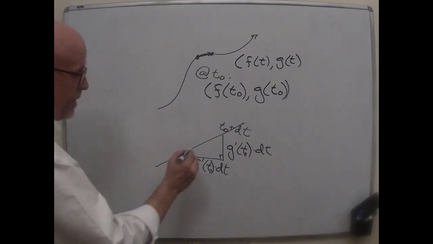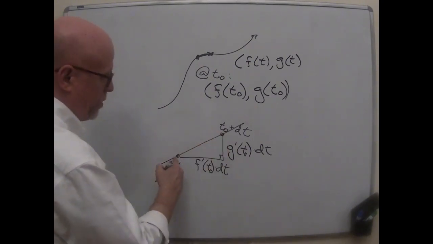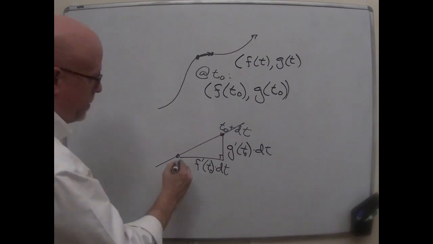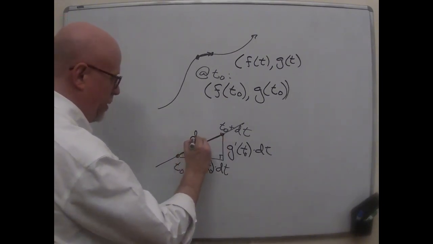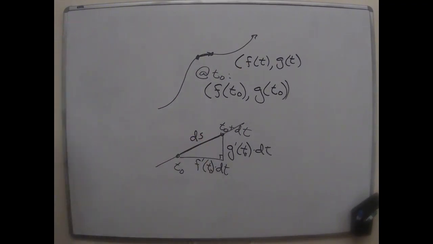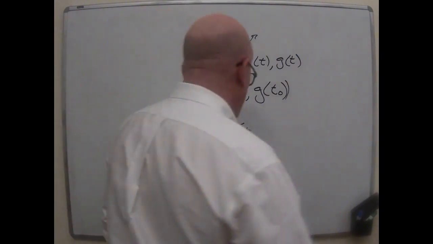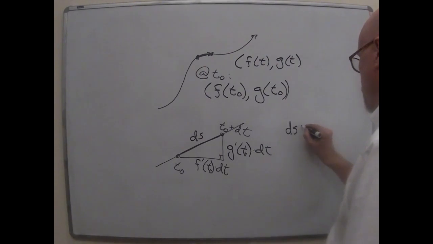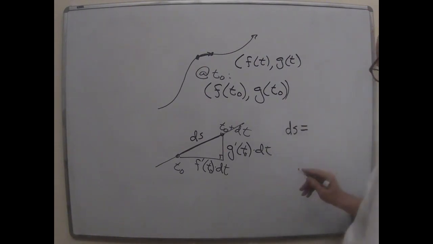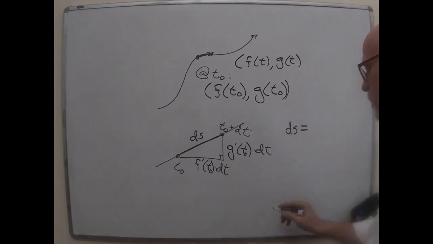So the time changes from t naught to t naught plus dt, but we want to know how much length is in here. How much is that arc length, or what we call ds? And it's the square root of the sum of the squares, right? Because it's the hypotenuse of a right triangle, a minuscule right triangle, but still a right triangle. So ds is equal to, well, let me do this whole calculation.